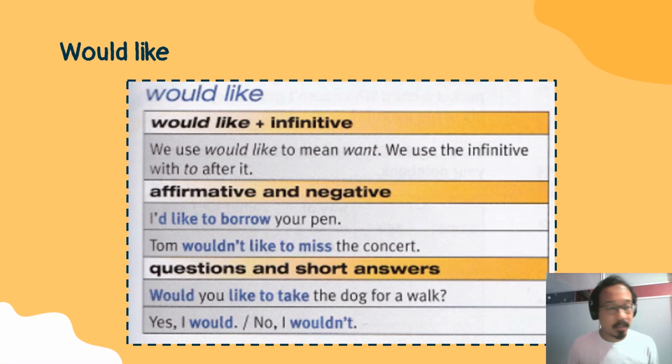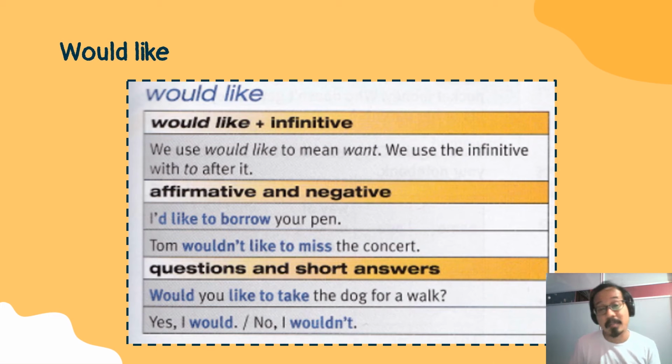All right, so now let's move on to this part of our lesson. Would like. So when do we use would like? What does it mean? So would like plus infinitive. Infinitive refers to the main verb, the base form of the verb. We use would like to mean want. We use the infinitive with to after it.